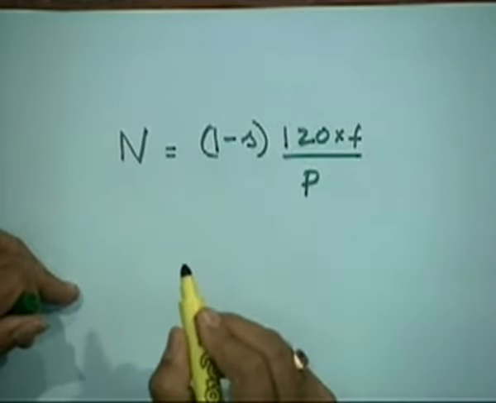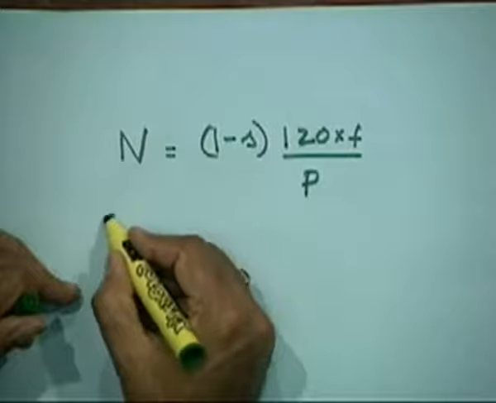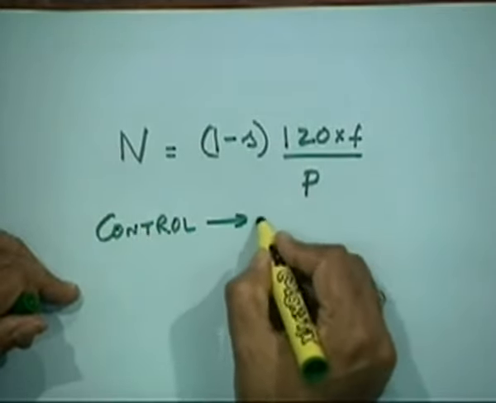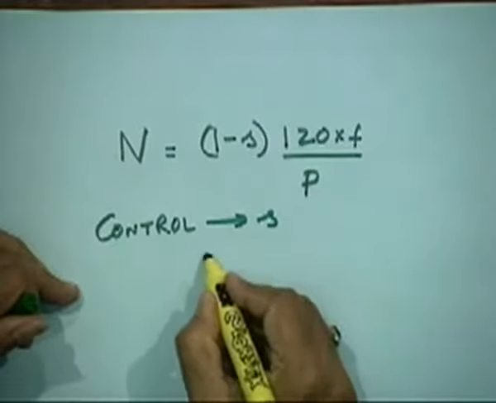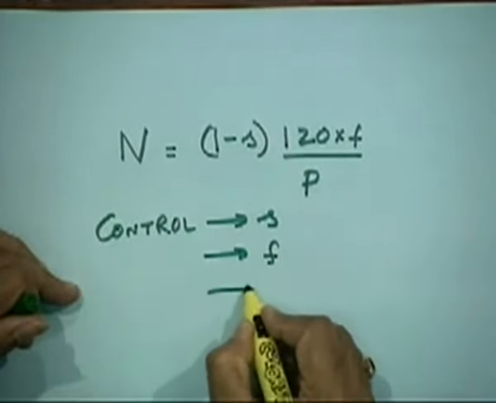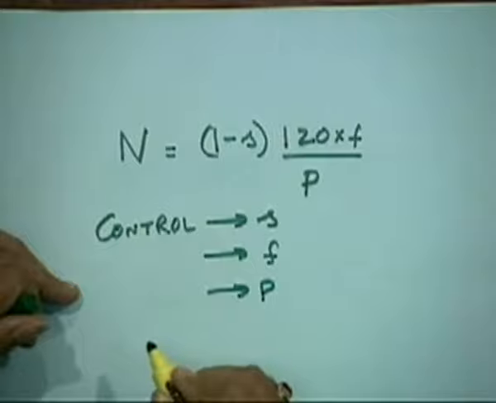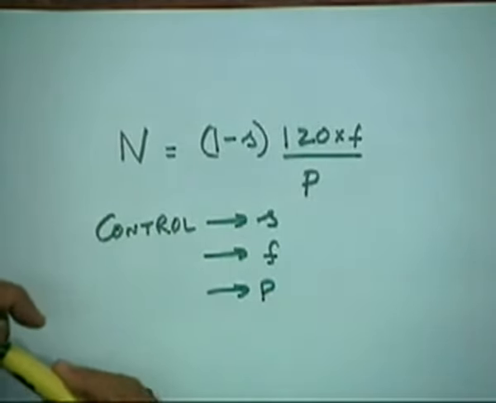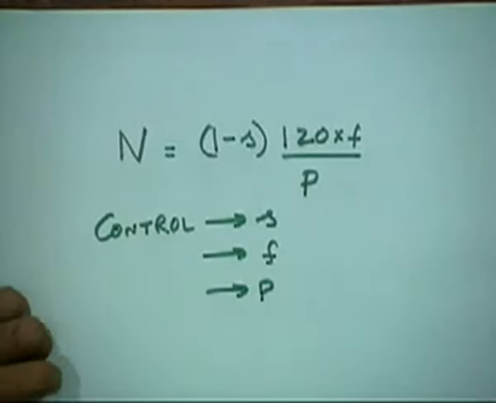If this expression of speed is there, you can control s, you can control f, or you can control p. So slip you can change, frequency you can change, and poles you can change, right? And that will automatically change the speed.